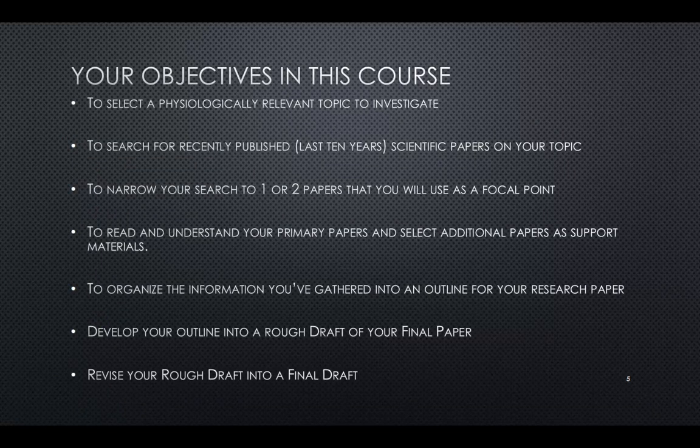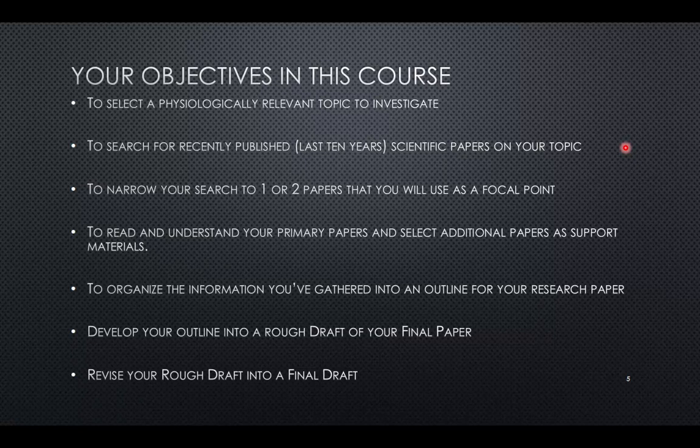Your objectives in this course will be to pick a topic that is physiologically relevant, then to search the recently published scientific papers on that topic. For the purposes of this course, that means papers published in the last 10 years.